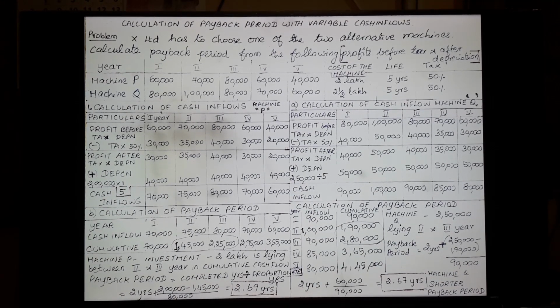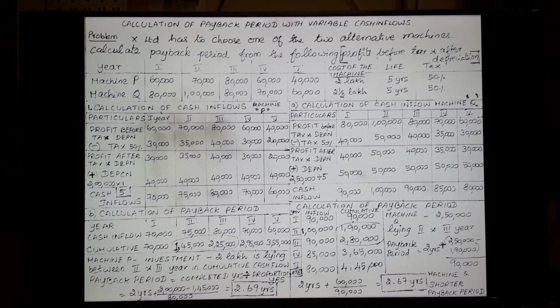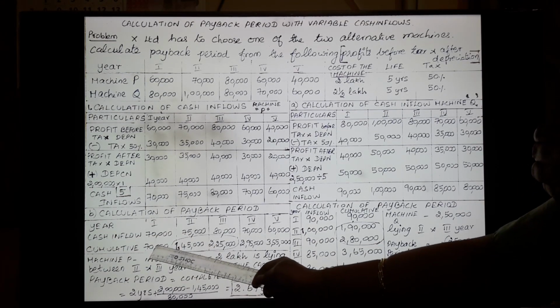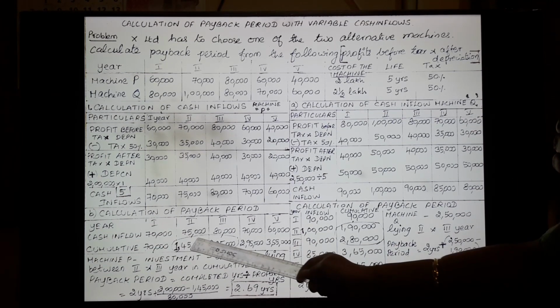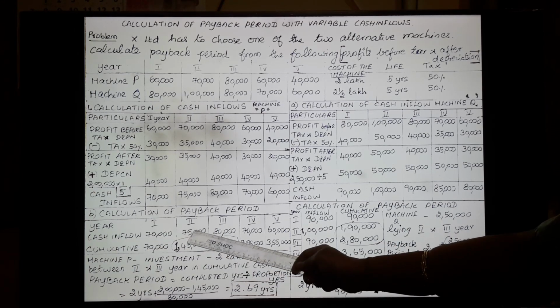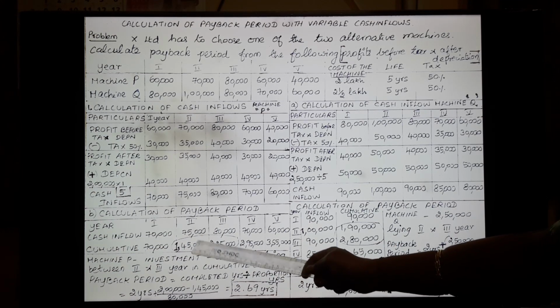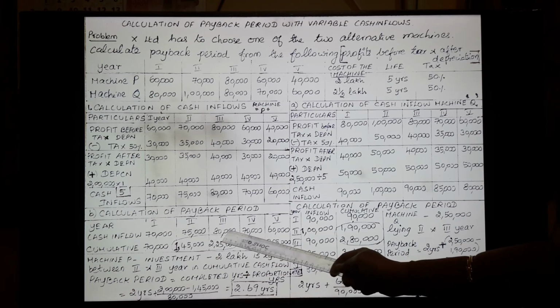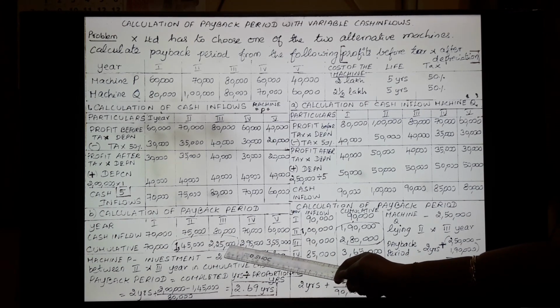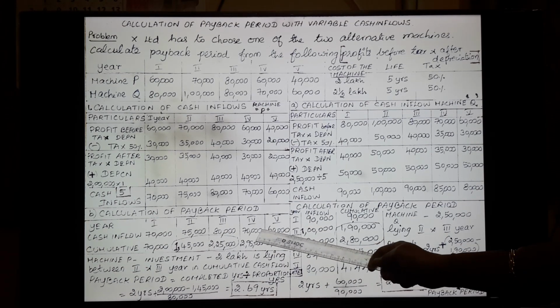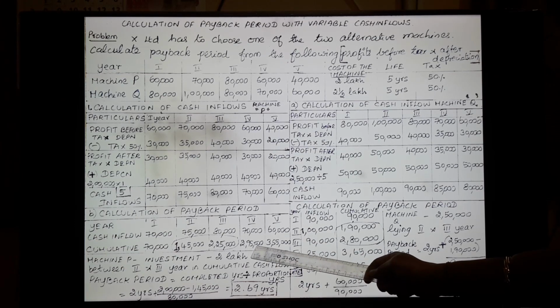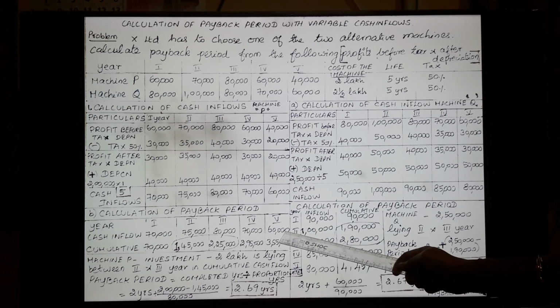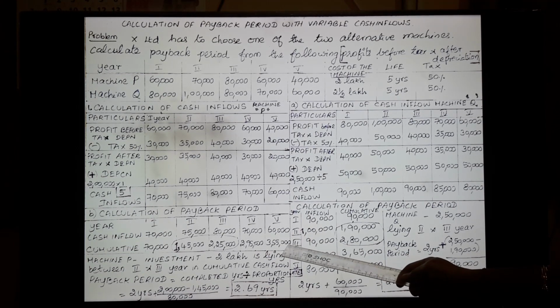You write the cumulative. The first year will be the same, 70,000. The second cumulative is 70,000 plus 75,000, which becomes 1,45,000, and 1,45,000 plus 80,000 becomes 2,25,000, and 2,25,000 plus 70,000 becomes 2,95,000, and 2,95,000 plus 60,000 gives 3,55,000.